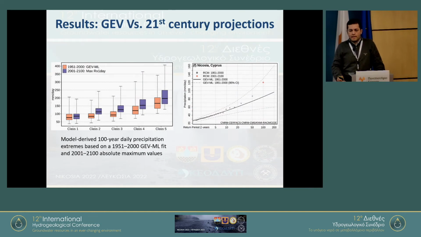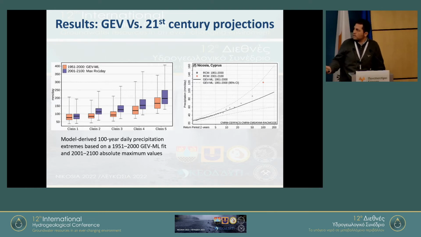Here we have compared the model-derived 1 in 100-year events that are the result of the fit of the GEV distribution, the red box plots, and the absolute maximum rainfall that is derived from the 100-year projections, which is the blue box plots here. These are results for different precipitation classes.